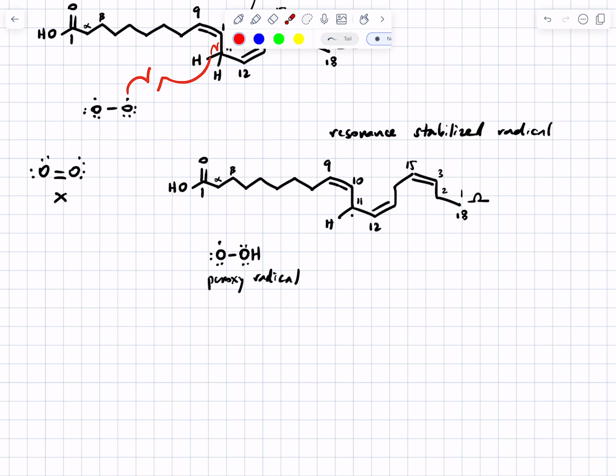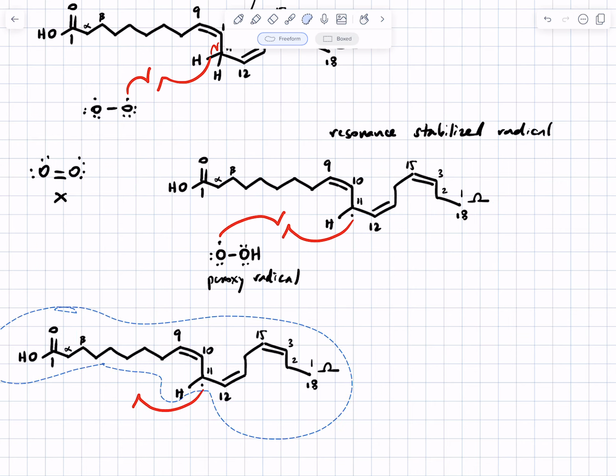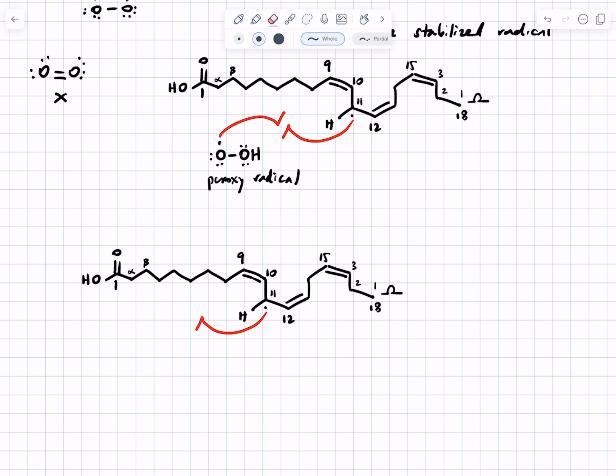What ends up happening is that that peroxy radical can recombine with the allylic radical to give you a fatty acid which now has a new, unnatural, shouldn't be there in the first place, carbon-oxygen bond. Okay? And the peroxy radical can be reduced, it can turn into an alcohol or other things.